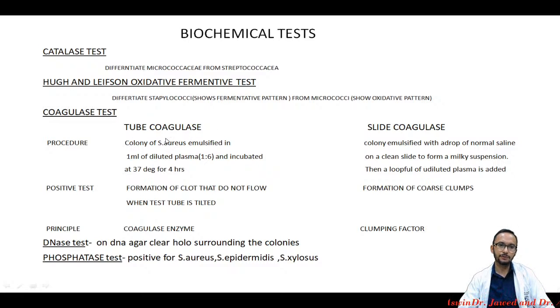So tube coagulase has a different mechanism. This is produced by the free coagulase. Slide is because of the bound, and tube coagulase because of the free coagulase. When coagulase producing Staph aureus is emulsified into the plasma, it will form a clot, because the coagulase reacts with the coagulase reacting factor present in the plasma, and then it activates fibrinogen to produce fibrin.